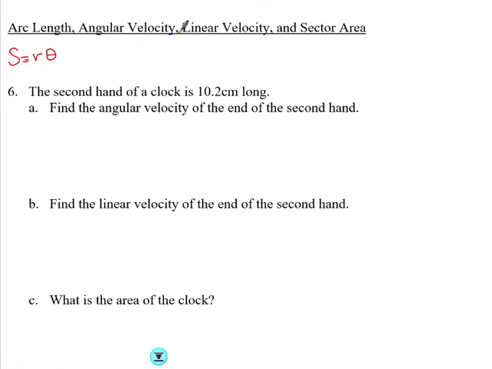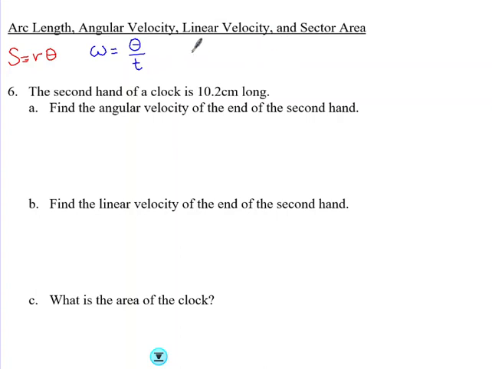Angular velocity is represented by the Greek letter omega, which is a small w. Omega equals theta over t. So the angular velocity is the angle divided by time.